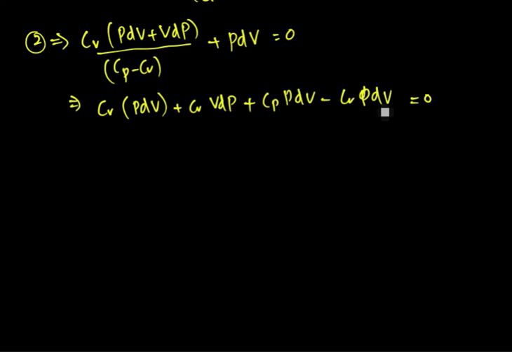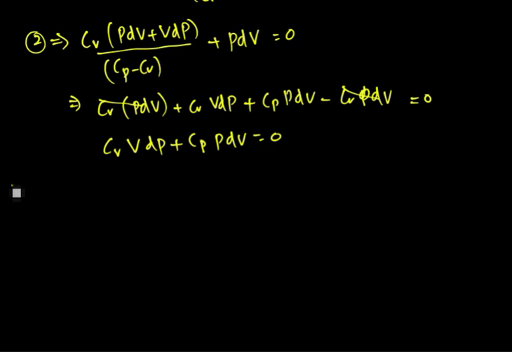So the numerator alone will be 0 to satisfy that equation. Here Cv into P dV minus Cv into P dV cancel each other. What remains is Cv into V dP plus Cp into P dV is equal to 0.